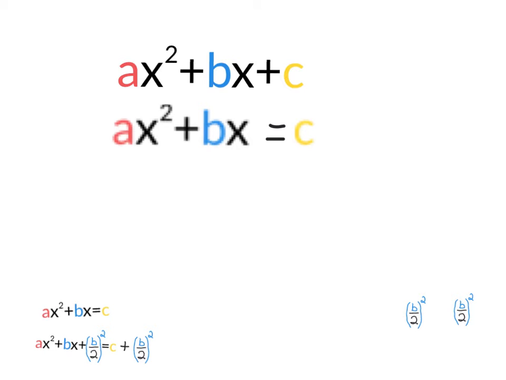So here's what that's going to look like. Again, I'm going to take the ax squared plus bx and the c. I'm going to separate them. And then what I'm going to do is add half of b squared to both sides of the equation.